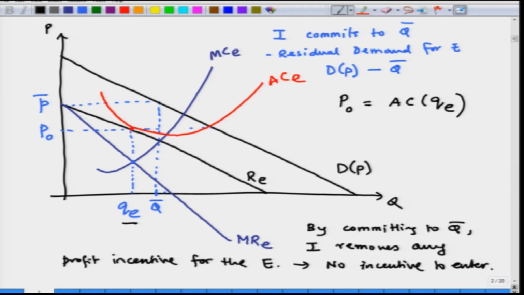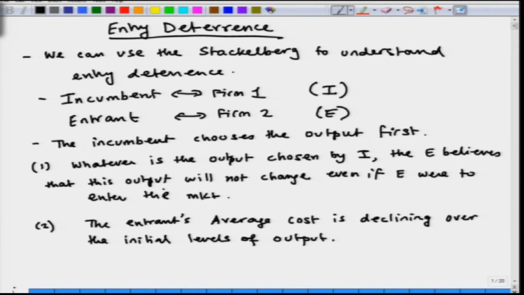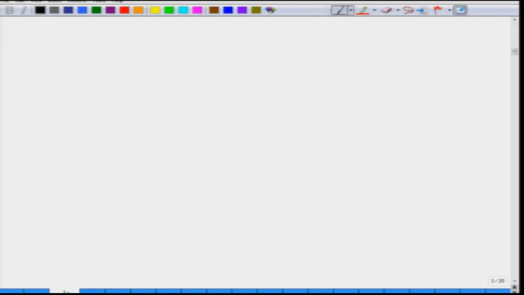Now, while this model is simple, the major drawback that it has is the very restrictive assumption that we had imposed, right. So, the model is a little bit ad hoc, right. Let us make a note.